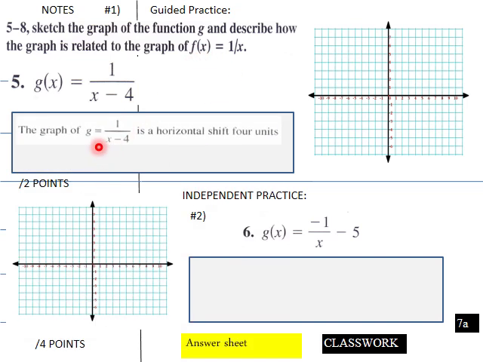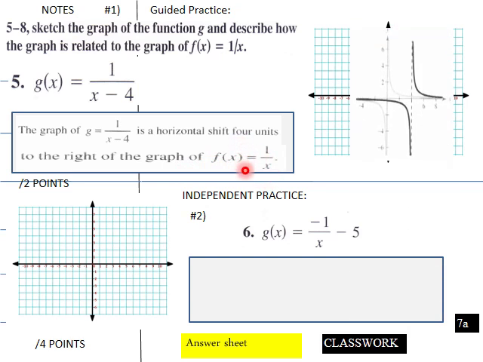The graph of g equals 1 over x minus 4 is a horizontal shift of 4 units. So we have a horizontal shift of 4 units to the right of the graph of f of x equals 1 over x. So here's our shift here of 4 units. So here is our vertical asymptote here at x equals 4.